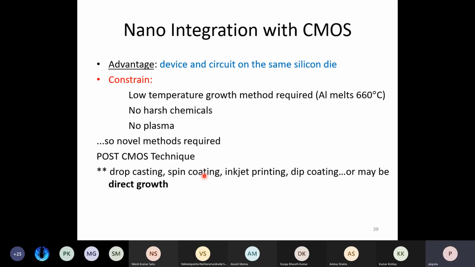As I said, there have been developments towards making this non-silicon based FET. But as I said, people also have been trying to take the advantage of both.